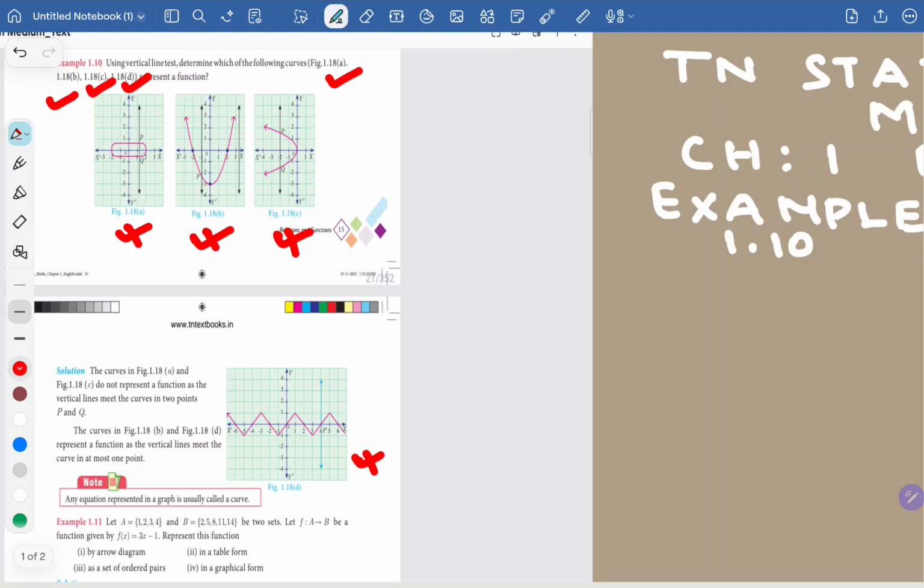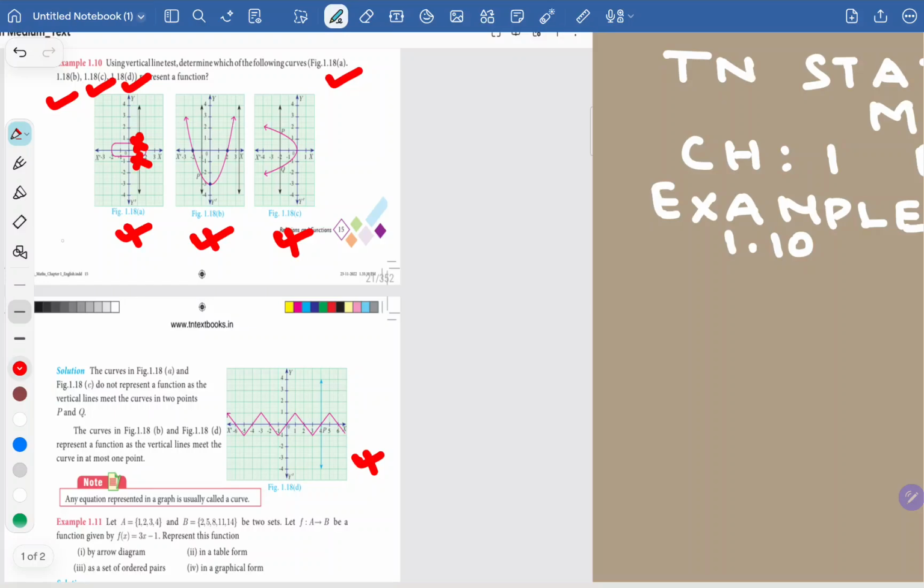there is a curve and also a vertical line. Here in the graph 1.18a, the line cuts the curve at 2 points. This is the first point, this is the second point. One condition: if a line cuts the curve at 1 point, then it is a function. But in the graph 1.18a, the line cuts the curve at 2 points.